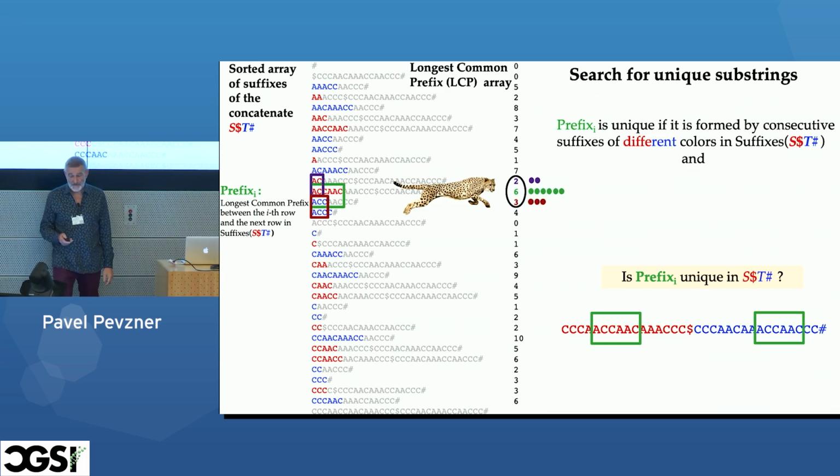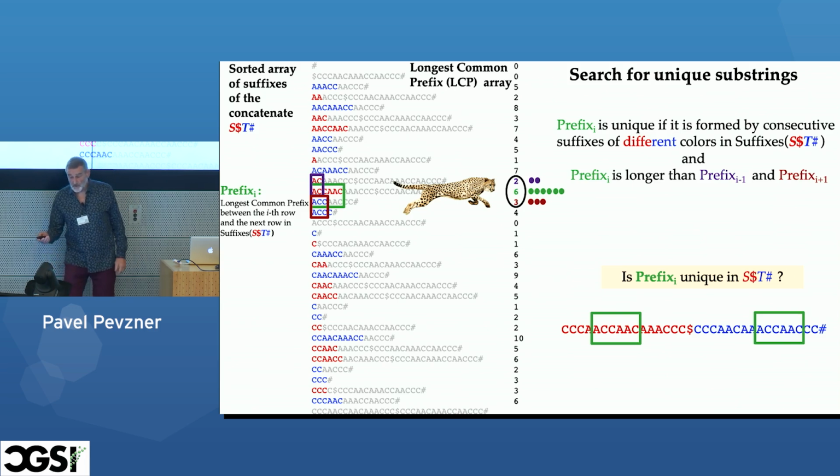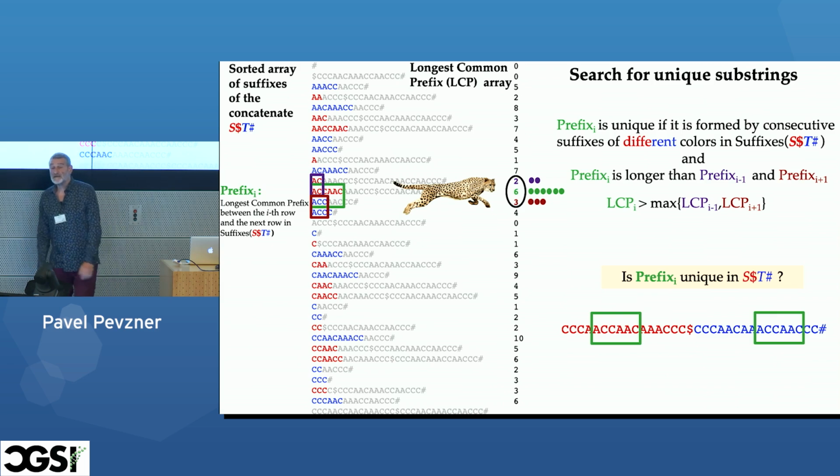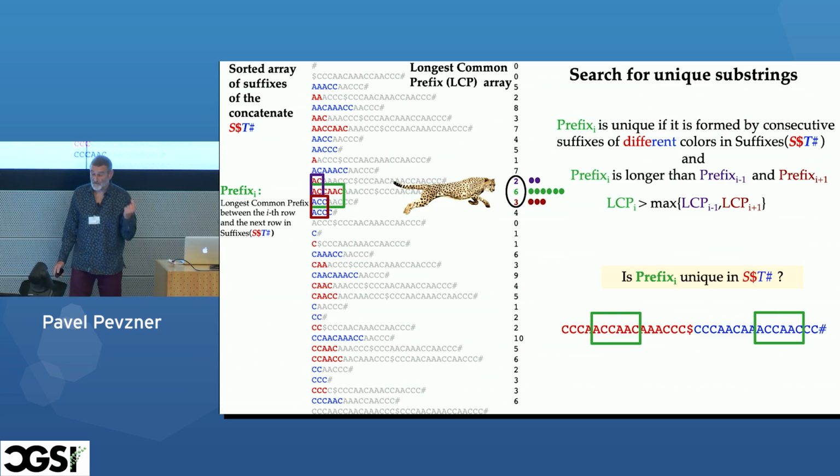And it's not a problem, because the cheetah should look at just 3 values: the prefix of I value, the previous, and the next one. And if the previous and the next are smaller than the green one, it's definitely unique, because prefix of I doesn't appear before and doesn't appear later. So prefix of I should be longer than prefix of I-1 and I+1, which means that the LCP, longest common prefix array, of I should be larger than the maximum of the previous prefix and the next prefix.